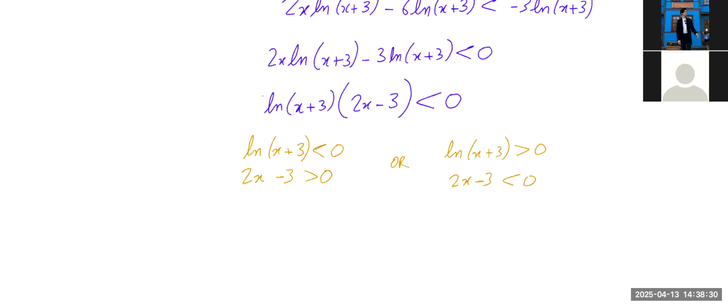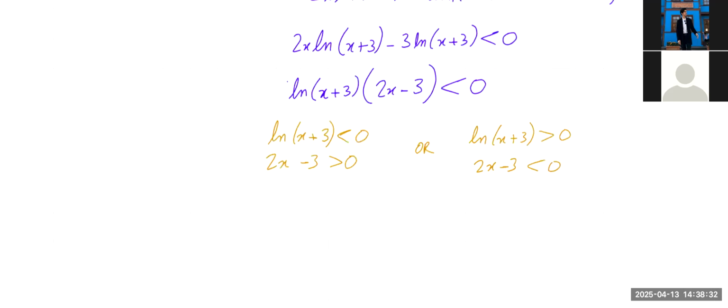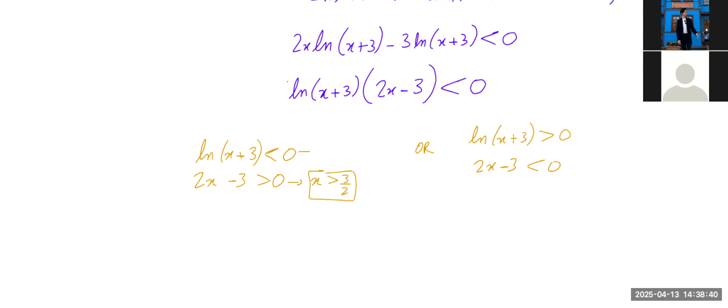Let's work on each case one by one. So in this case, for this to happen, x has to be more than 3 over 2. And for this to happen, let's think about this. What must x plus 3 be for this to be less than 0? Let me think. One second.